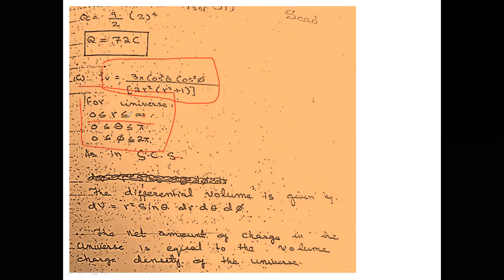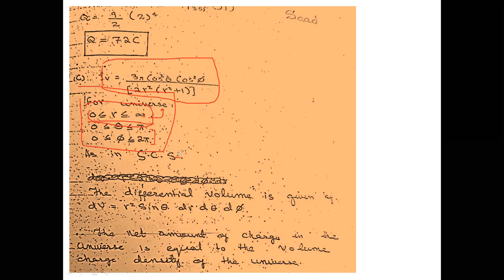The limits for the universe are r from 0 to infinity. For the complete sphere, we have theta from 0 to pi, and phi from 0 to 2 pi. We have discussed this in the class, but for the sake of the universe, we have to apply r from 0 to infinity to cover the whole universe.